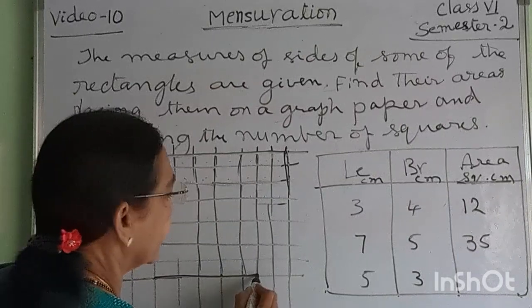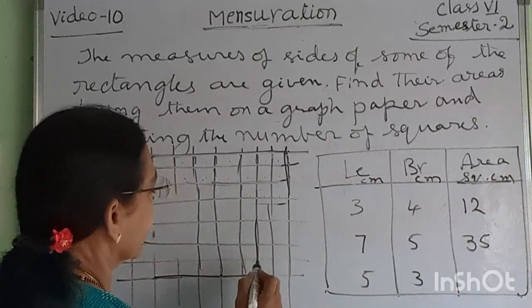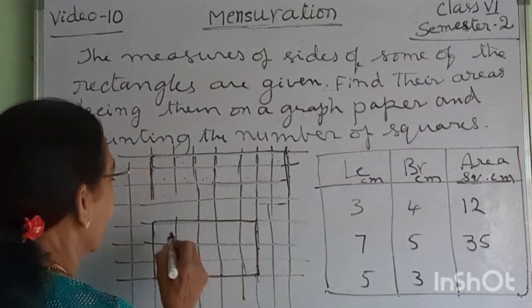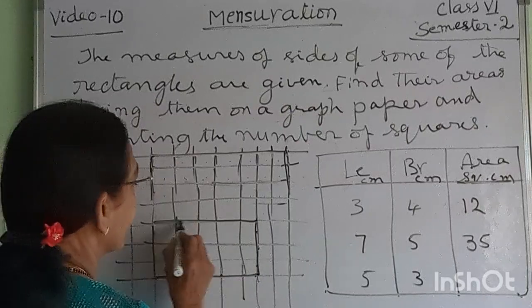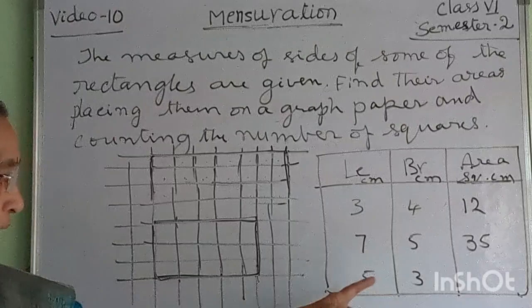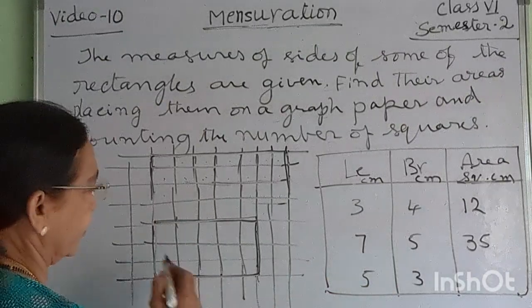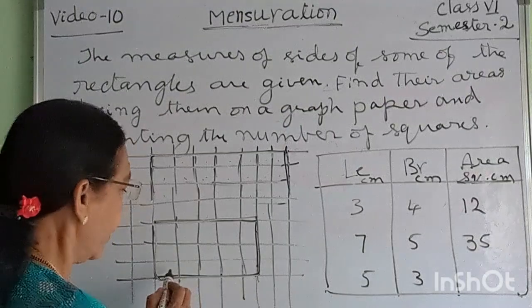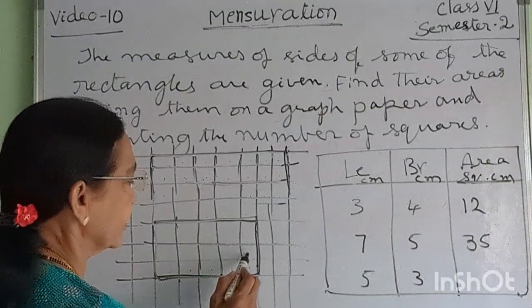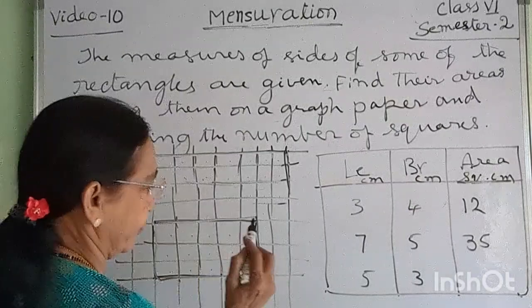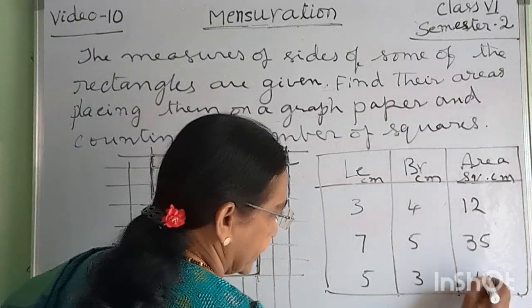And the breadth, this is 3 centimeters: 1, 2, 3. This is the rectangle of length 5 centimeters and breadth 3 centimeters. Therefore the number of square centimeters occupied by it is 1, 2, 3, 4, 5, 6, 7, 8, 9, 10, 11, 12, 13, 14, 15. So 15 square centimeters.